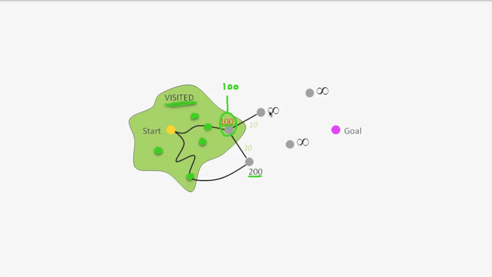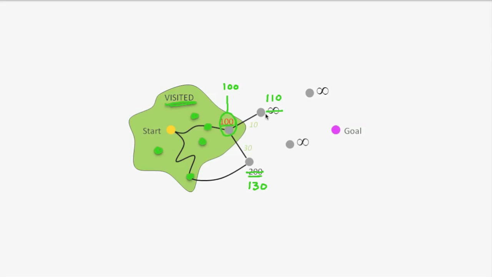So this node, which couldn't be reached by a direct edge previously, can now be reached with a cost of 110. But we have another important case too. This node that was previously reached with a cost of 200 can now be reached via the newly added node over this edge with a cost of 30, making a total of 130.